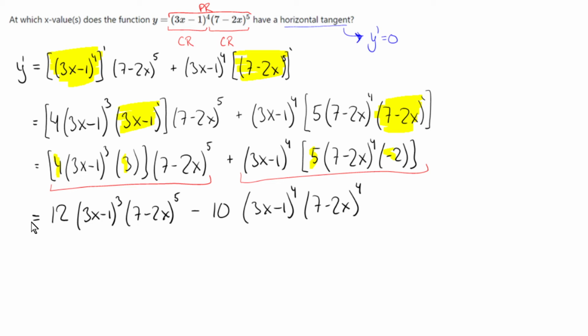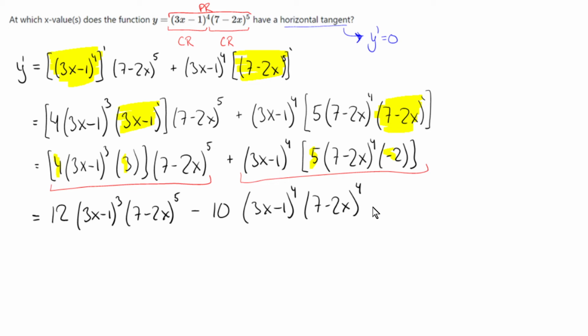Now we're going to set this equal to 0. But in order for us to be able to solve a complex expression like this, we would like to try and factor it, because if we can factor it, so we just end up with a series of factors that are multiplied, we can use the zero product theorem to find the roots.